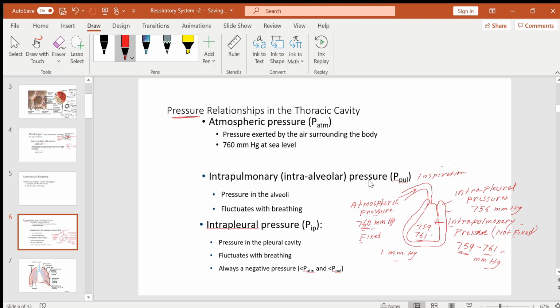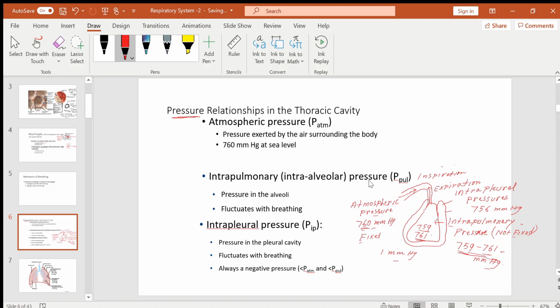Okay, so the air will move outwards this way because of the higher pressure inside the lung, and that is called what? Expiration. So that pressure difference moves the air from outside to inside or inside to outside. Okay, now we'll talk why inside the lung the pressure changes, intrapulmonary pressure changes. We'll talk about that soon.